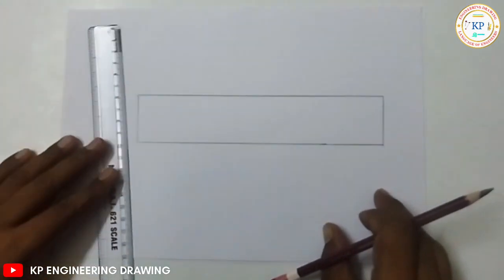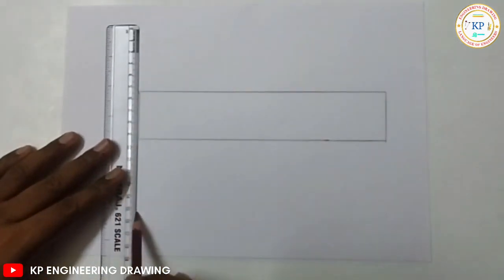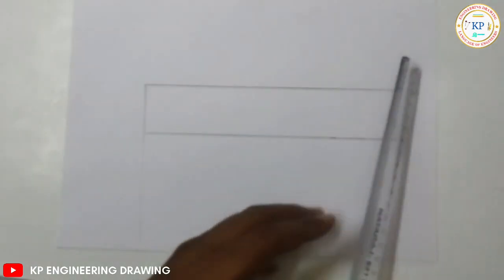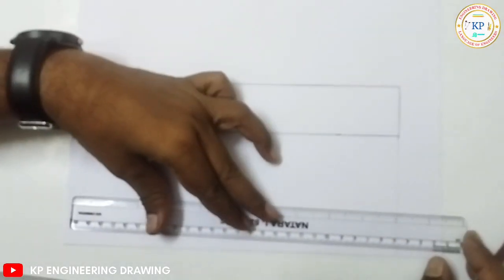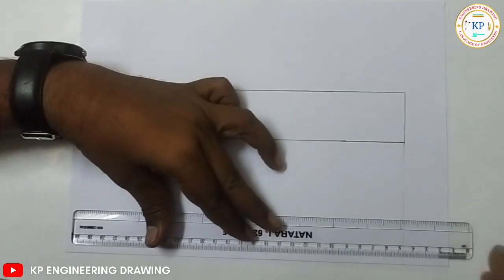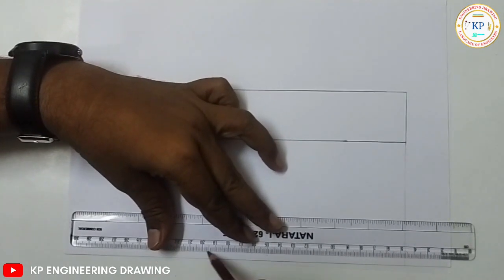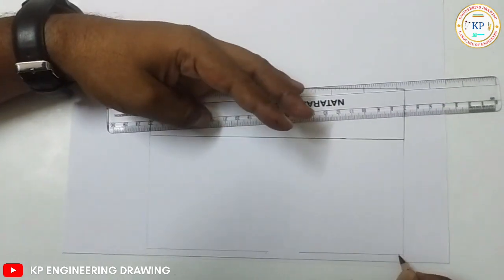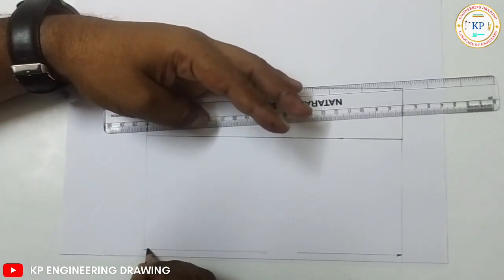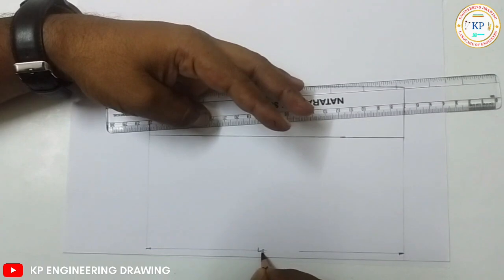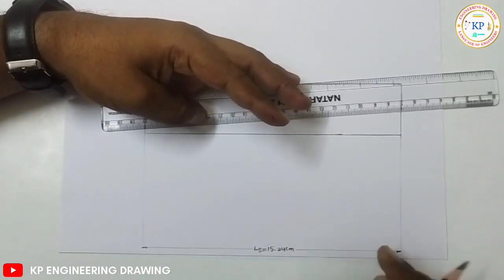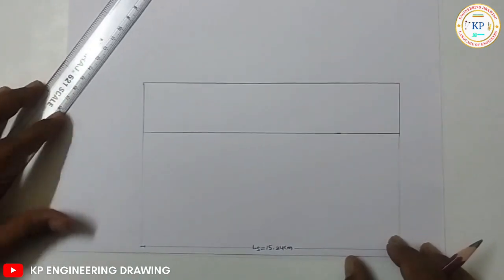Okay, so this length of scale, LS, is equal to 15.24 centimeters. Right, so this is the scale.